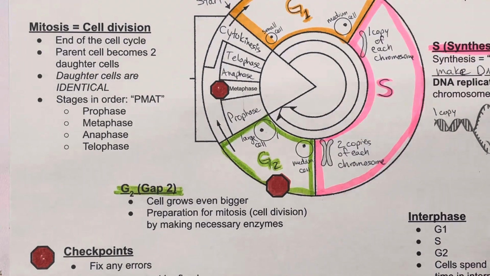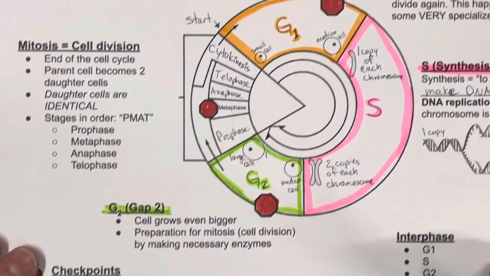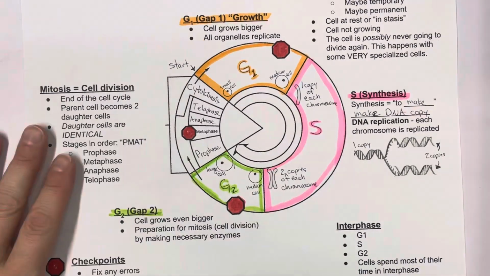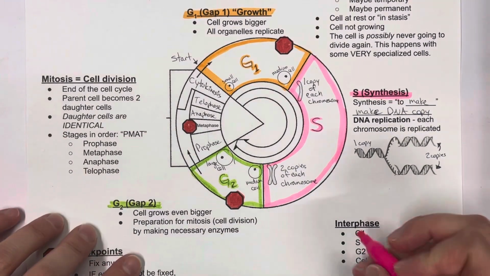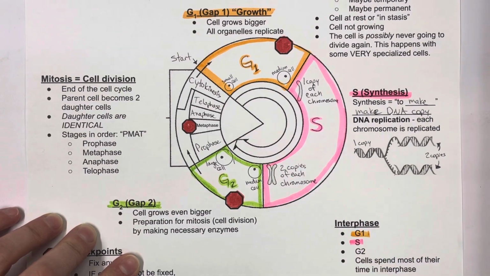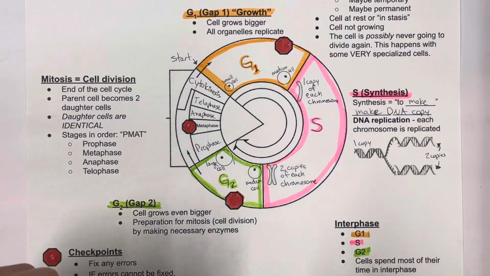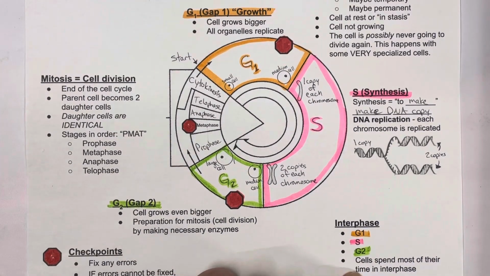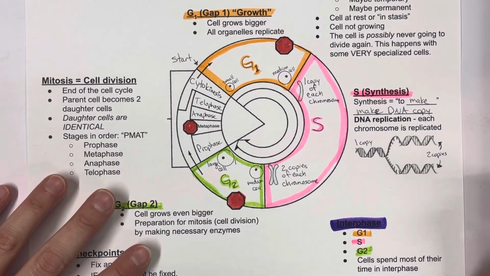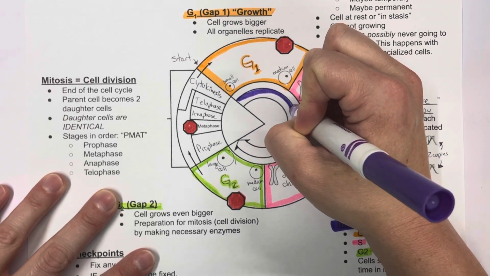Now, interestingly enough, these 3, gap 1, synthesis, and G2, all together, this is where the cells spend most of their life, and this is called interphase.